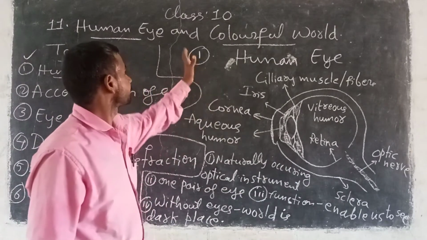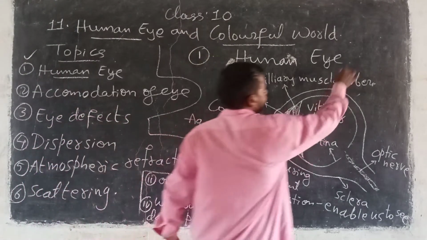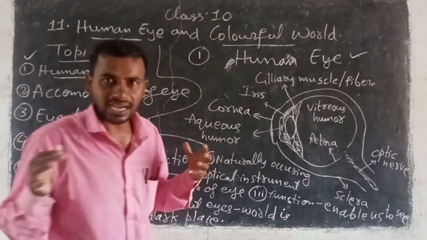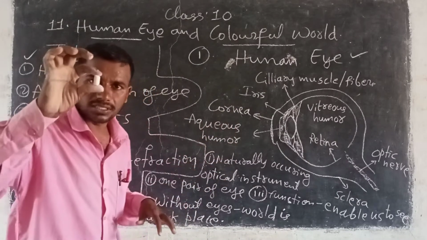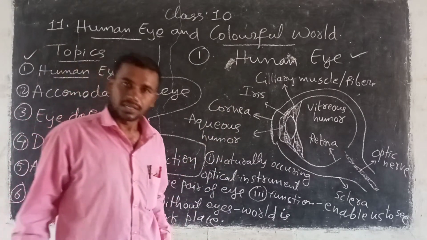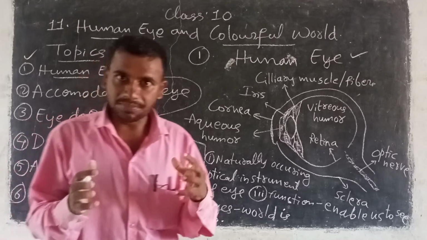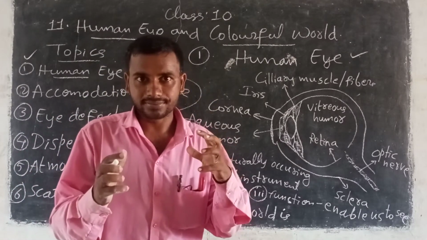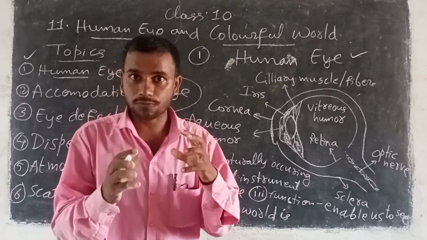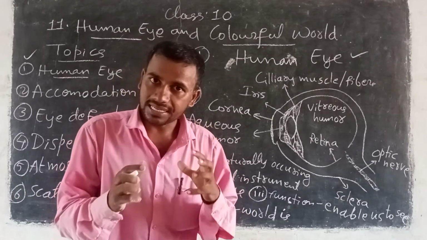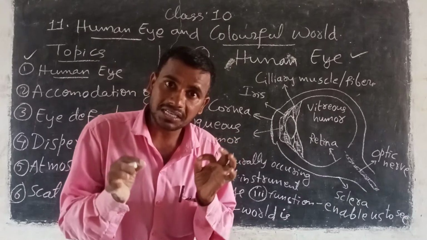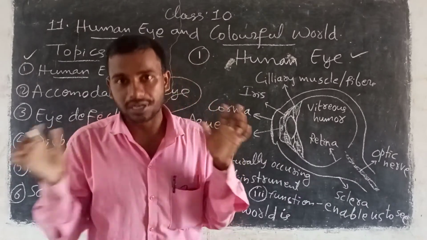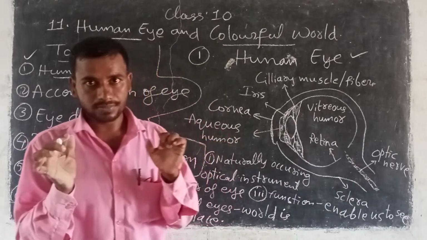First topic, human eye. What is human eye? Look here, I drew it with a piece of chalk. If you get images of the eye, you can see the colorful image, and you can understand very clearly which parts are located where. I will tell you right now.